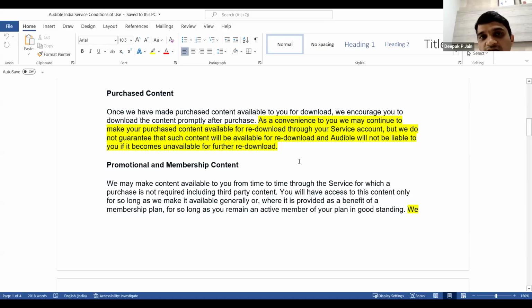So whatever we assume, that we are paying some subscription and downloading it, it may not be available on the device later on.